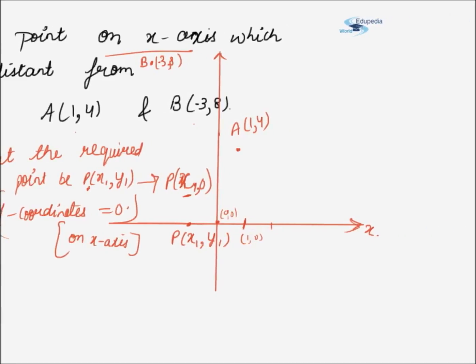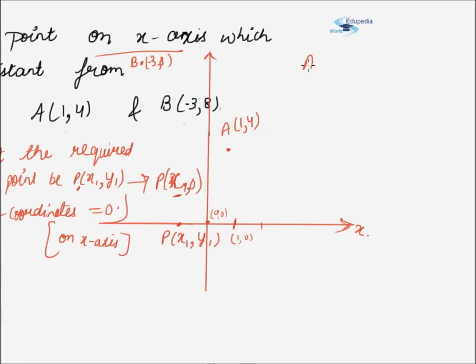So we have 3 points A, B and P. A's coordinates are 1, 4, B has coordinate -3, 8 and P has x1, 0.